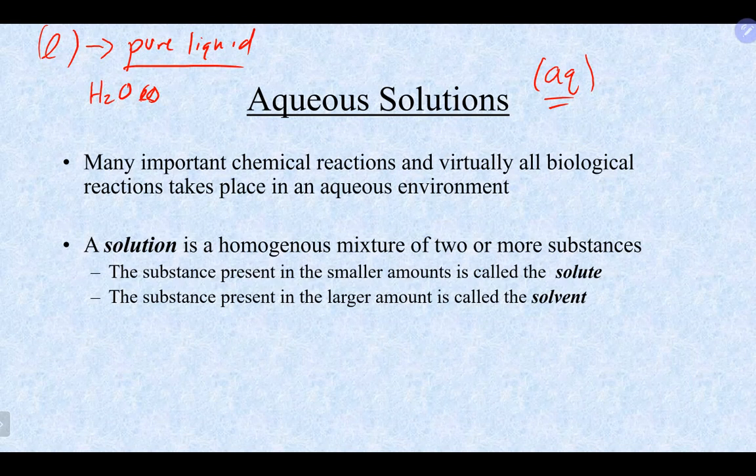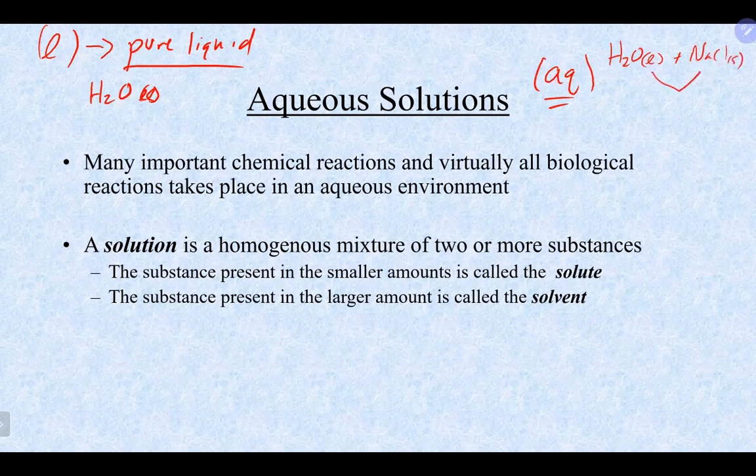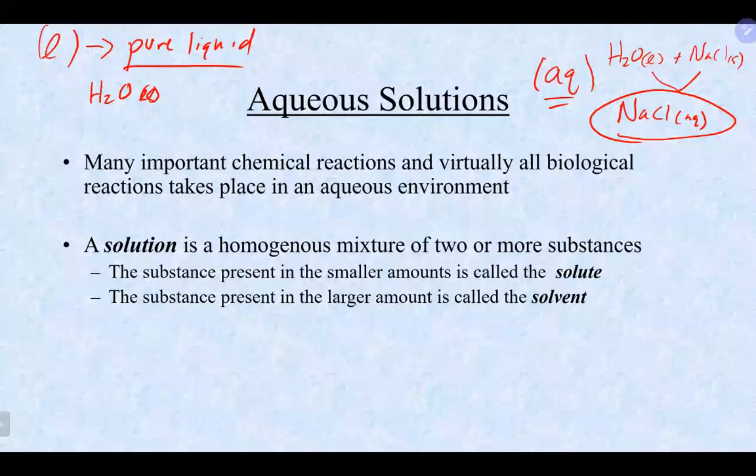So if we took the water and we took some sodium chloride, which was solid, and we put them together, the sodium chloride would dissolve in the water, and we would get a sodium chloride solution in this case that would get the aqueous symbol.